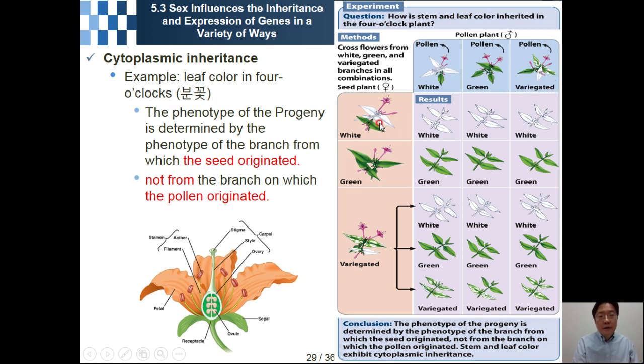This is also the female plant, because they removed all of the anther.